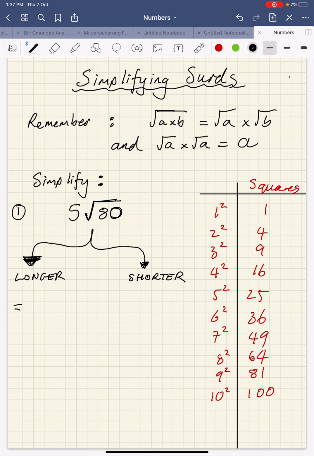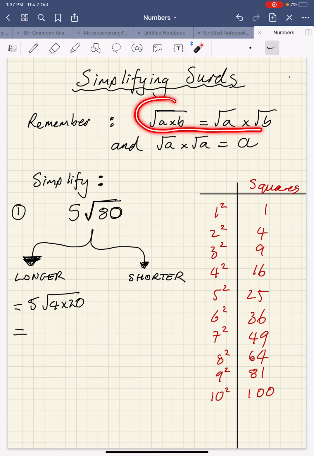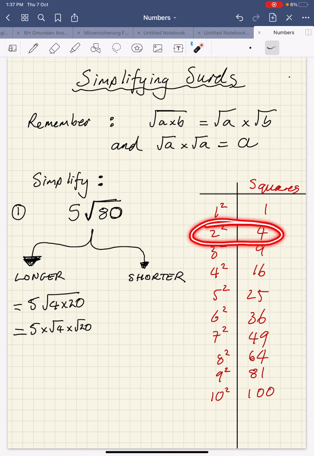So over here, this is 5 now times root of 4 times 20. Now the point of choosing the 4 times 20 is to use one of the rules of surds here. We can break up the product. So this is 5 times root 4 times root 20, and of course root 4, which we all know, 2 squared is 4, so root 4 is 2.